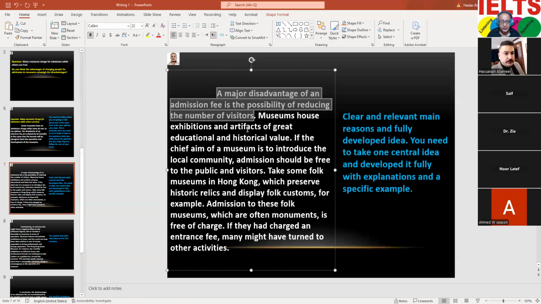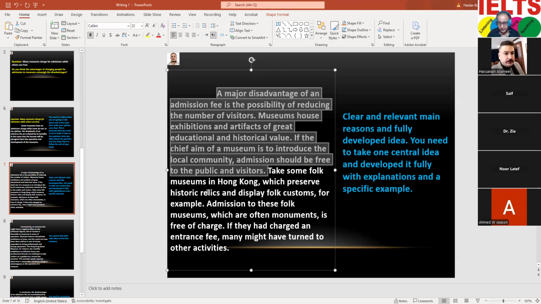Museums house exhibitions and artifacts of a great educational and historical value. If the chief aim of a museum is to introduce the local community, admission should be free to the public and visitors. So, until this point, paragraph number 1 of the body is finished.